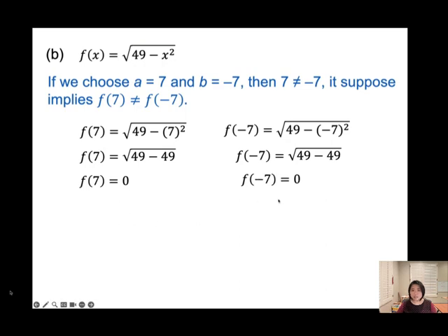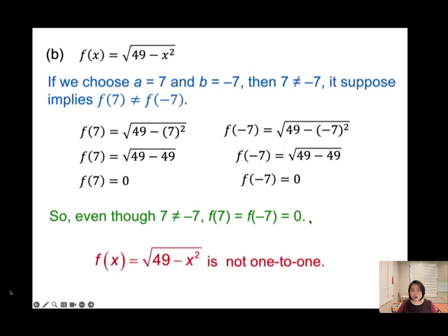See, this is not true, right? When we have a not equal to b, it should imply that f of 7 is not equal to f of -7. But now they are equal to each other. We have 7 not equal to -7, but f of 7 is equal to f of -7, equal to 0. So we know this is not a one-to-one function.